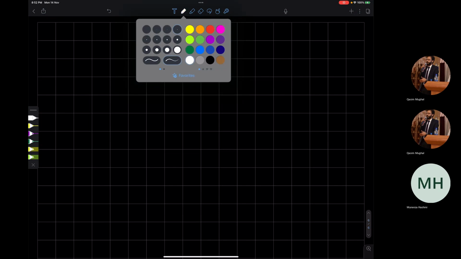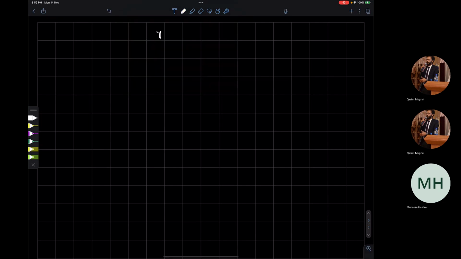All right. Now the first one is translation. We can translate the graph in two different manners. One, definitely vertically, and two, horizontally.